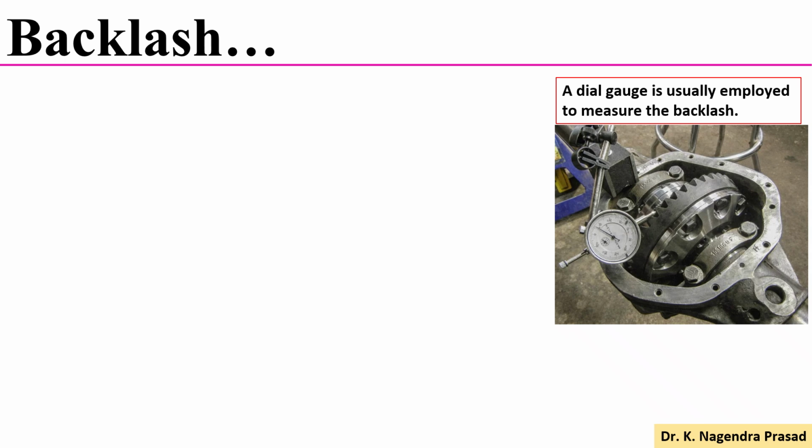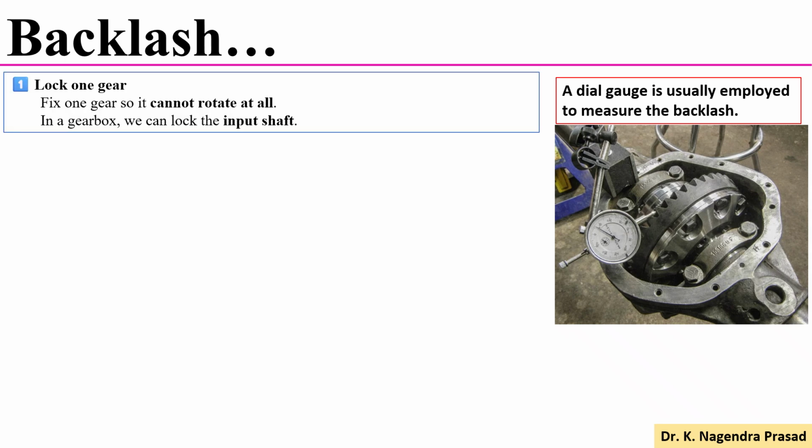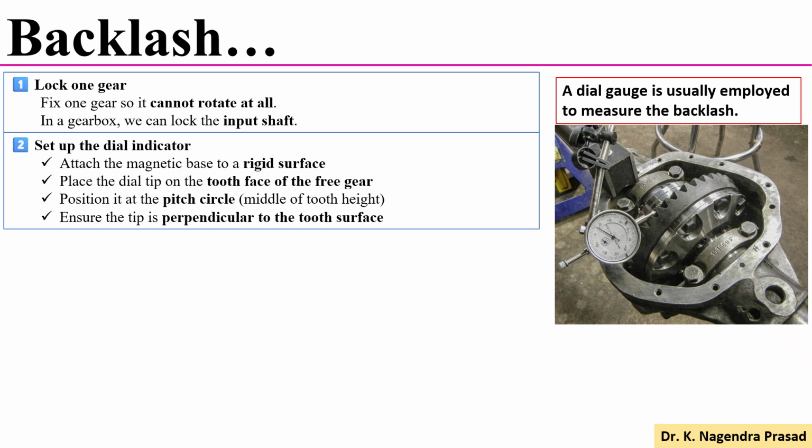Let's see the procedure. The first step is to lock one gear, which means fix one gear so it cannot rotate at all. In general, in a gearbox, we can lock the input shaft. The second step is to set up the dial indicator.